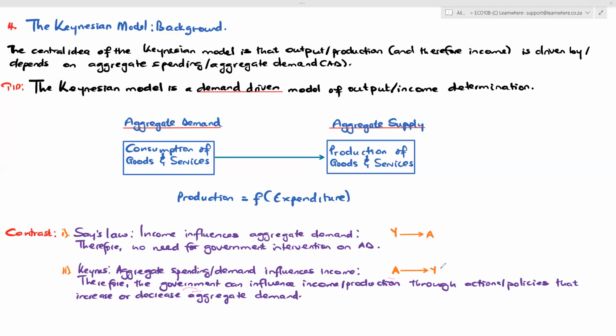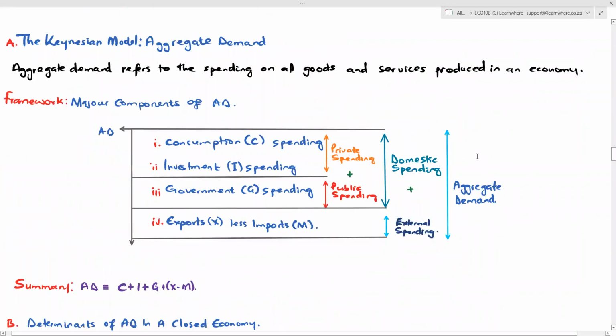The Keynesian model says that production was so high in the 1930s, yet aggregate demand was very low. Therefore, if we want to make sure that aggregate demand matches up with income, we can intervene on the aggregate demand side to make sure that the economy is in equilibrium. But that's the background material regarding the Keynesian model.